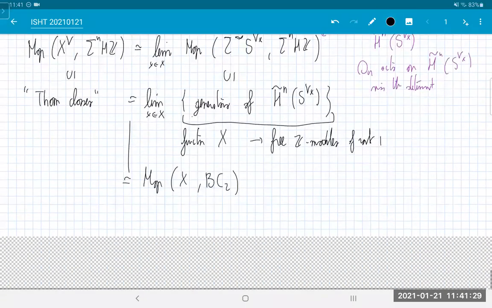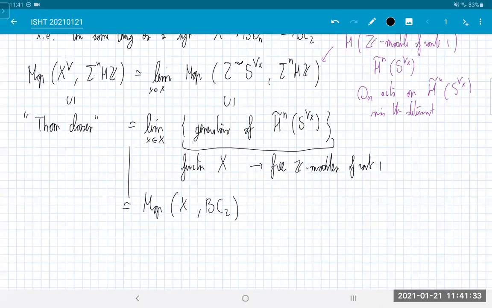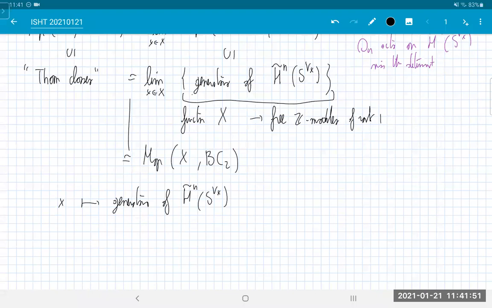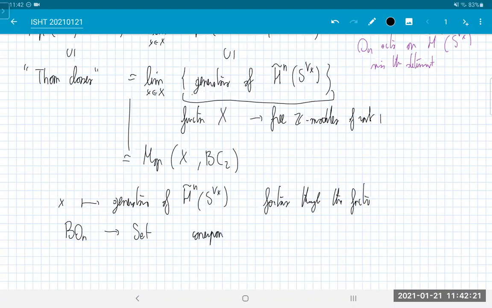So this functor here that sends X to the set of generators of H tilde n S^V X factors through BO_n, of course, and factors through the functor BO_n to Set that corresponds to the action of O_n on the set plus or minus 1 by the determinant map.